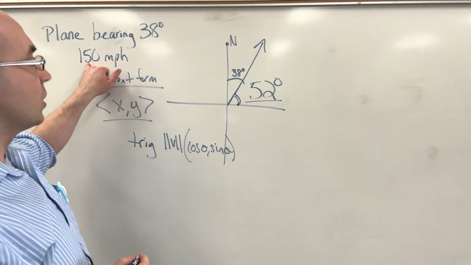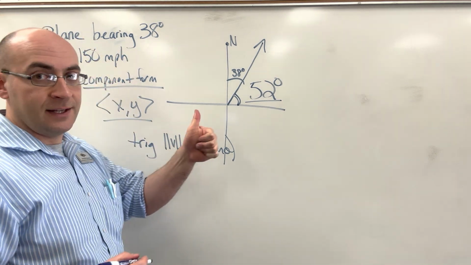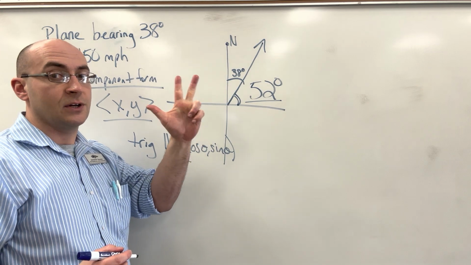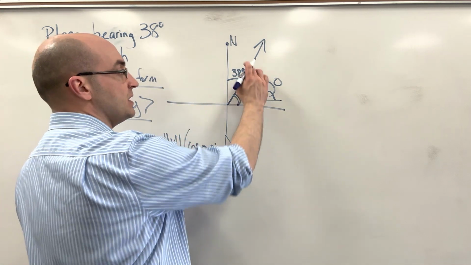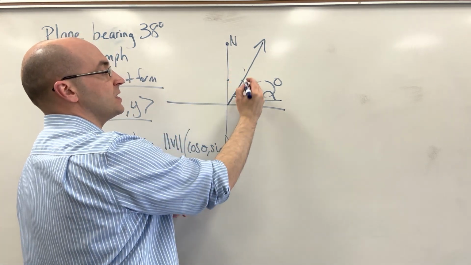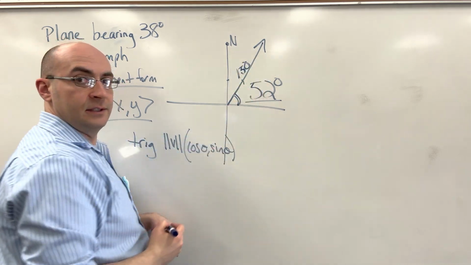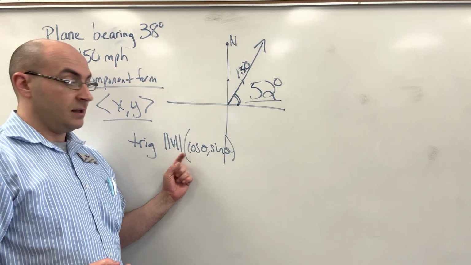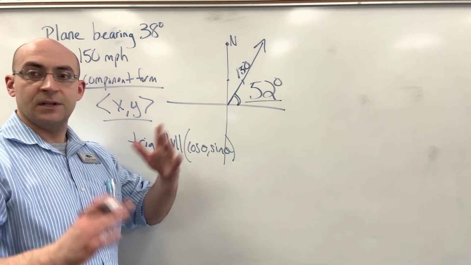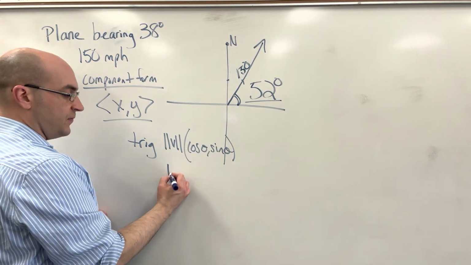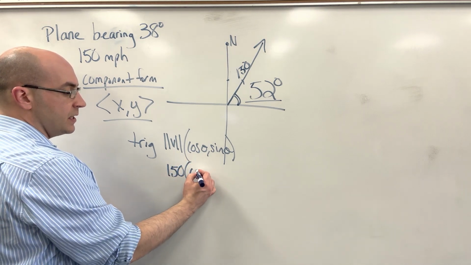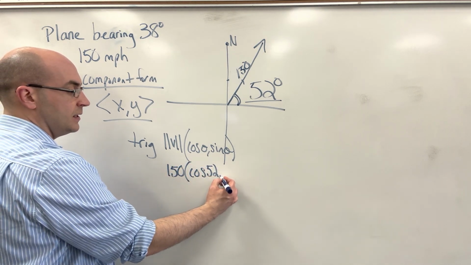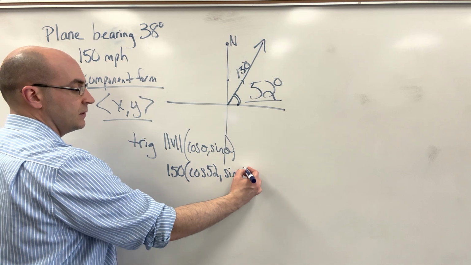Now, 150 is the speed, which is also magnitude, which is also distance. So this line, I'm going to erase this 38 for now. This line is 150. So now I have everything I need. I've got the magnitude, which is 150, and I've got the theta, which is 52. So we're going to plug that in. I'm going to have 150 times the quantity of cosine 52, sine 52.